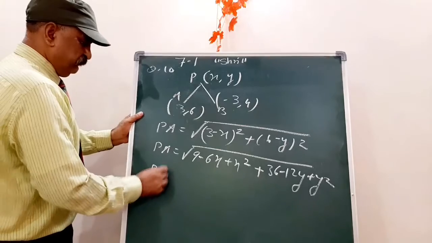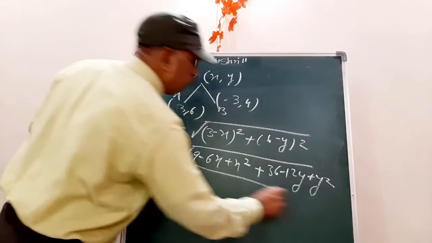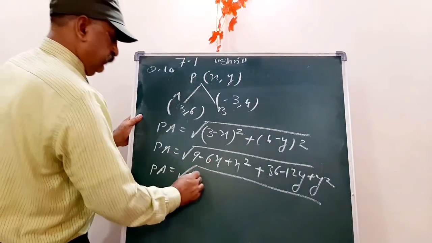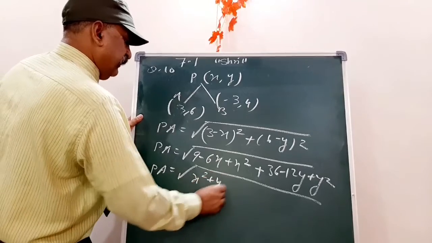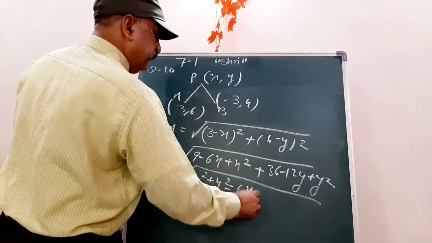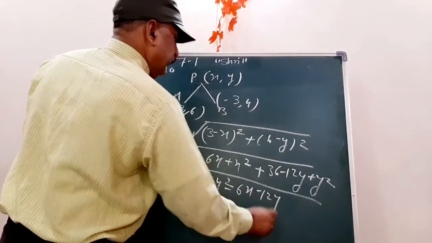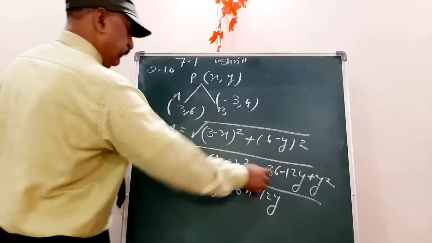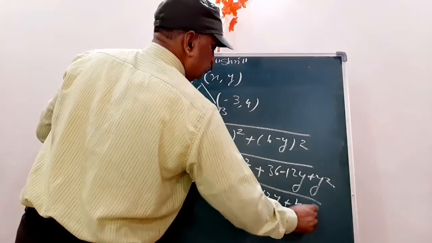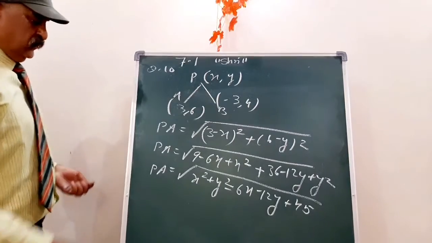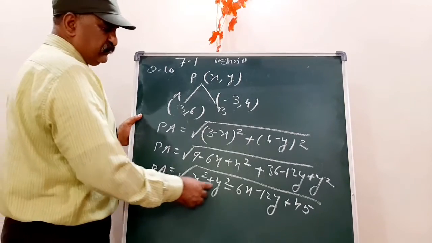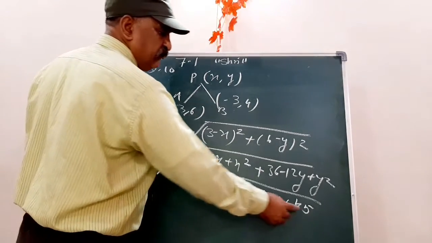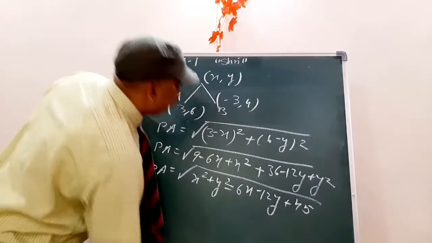Now PA is equal to under root x square plus y square minus 6x minus 12y and 36 plus 9, 45. So PA is equal to under root x square plus y square minus 6x minus 12y plus 45.